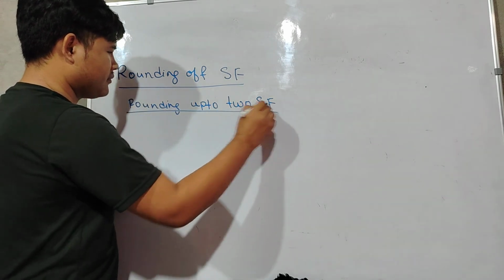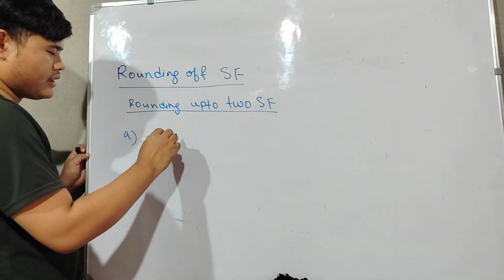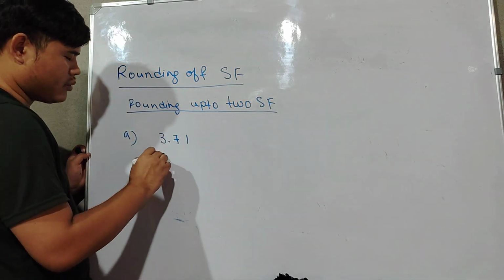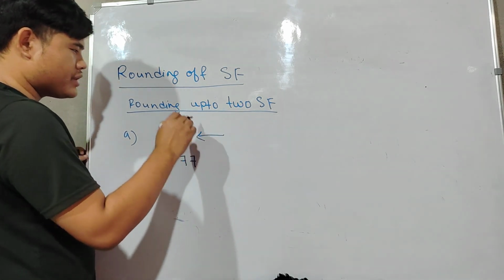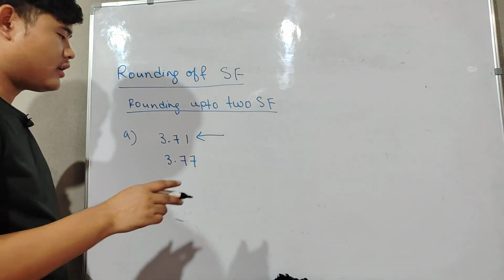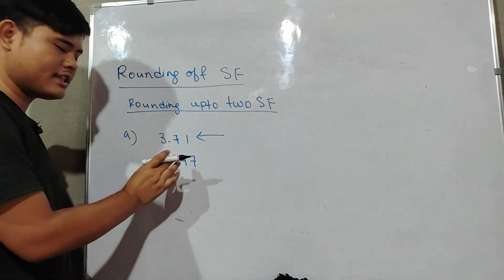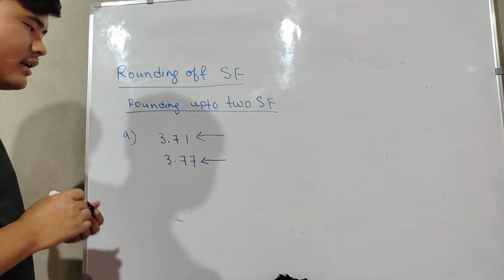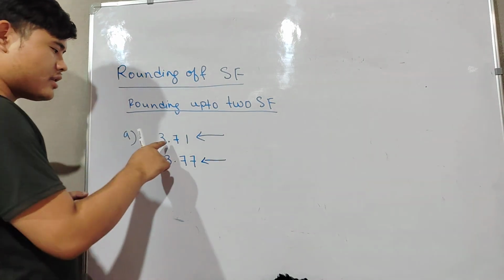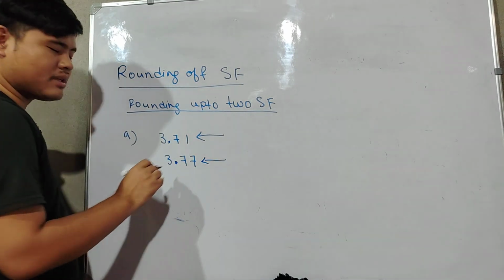Suppose we have this example: 3.71 and 3.77. The question tells us to round it to 2 significant figures only. So here there are 3 significant figures. Now we have to round it to 2. So how will we round it? See here, 3.71 is there and 3.77 is there.